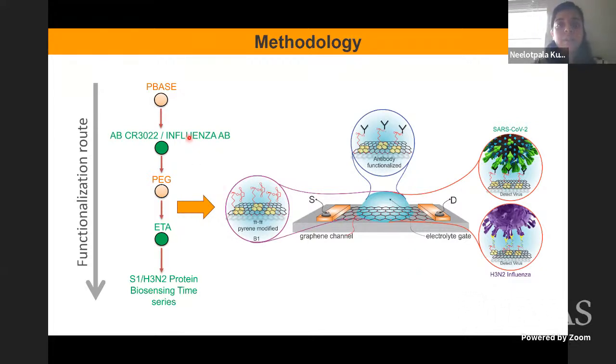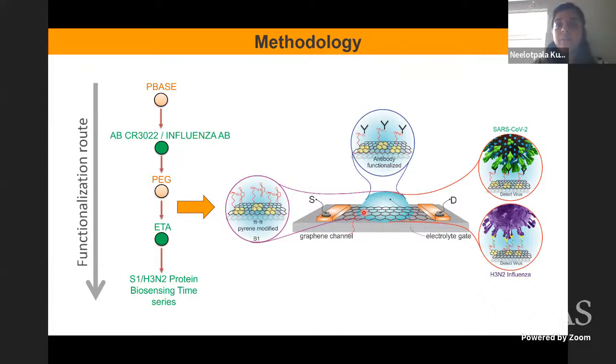So we're using P-base. It's one of the organic linker reagents we are using to attach the antibodies to the surface of graphene. The kind of graphene that we're using on this FET, or field effect transistor, is a CVD grown, chemical vapor deposited graphene that usually does not have any dangling bonds on top of it.